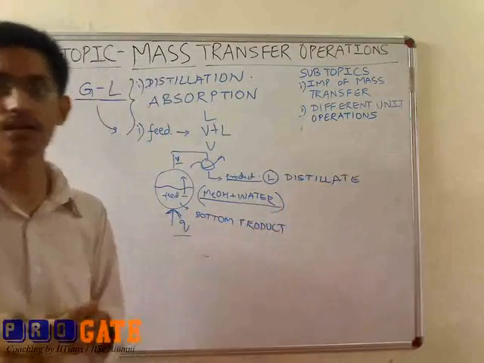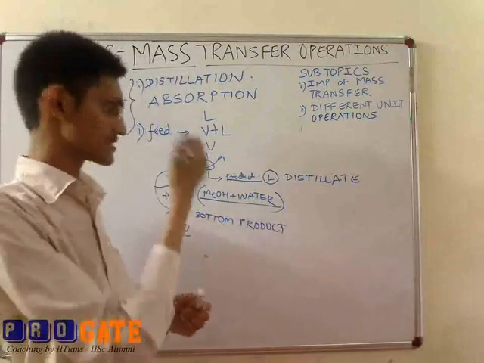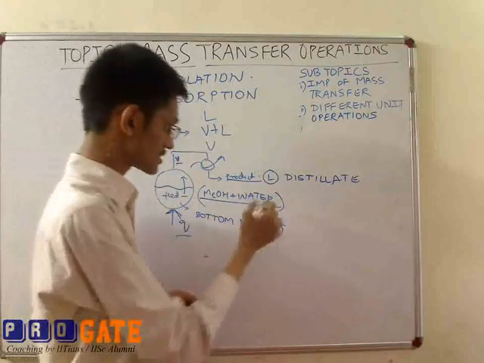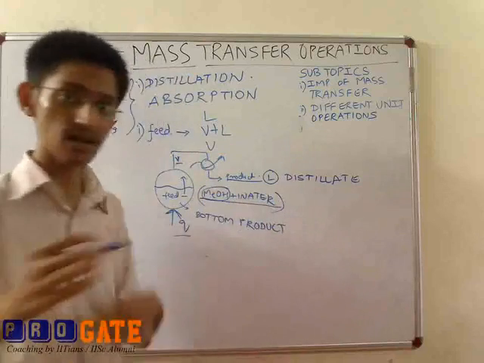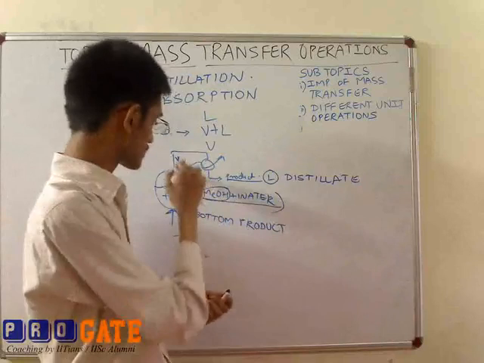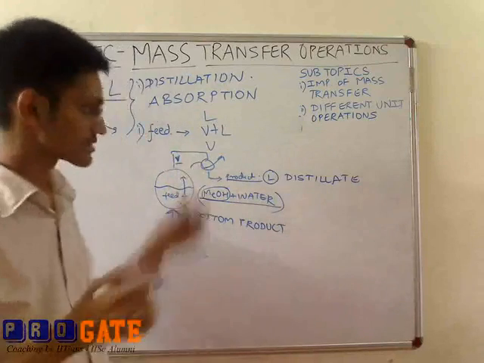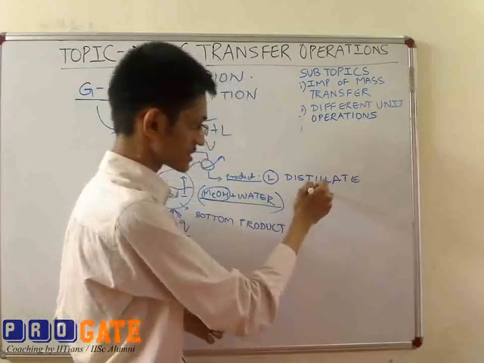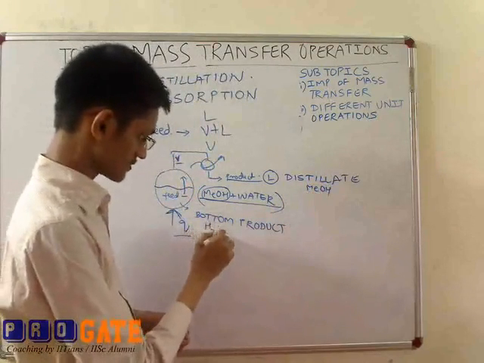Both differ in the compositions, hence we have achieved the separation. And there is mass transfer involved from one phase to the other phase. So in this case, methanol and water, depending on the relative volatility, methanol has a low boiling point, that is, high relative volatility. So the vapor will have a greater composition of methanol compared to that of water. So the distillate would have greater purity with respect to methanol, whereas the bottom product with respect to water.